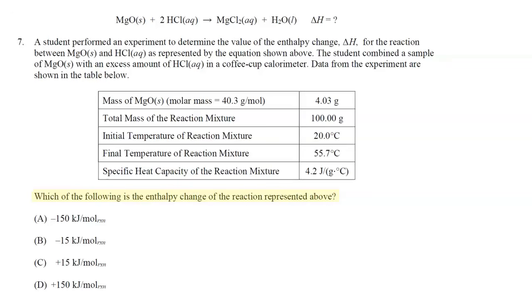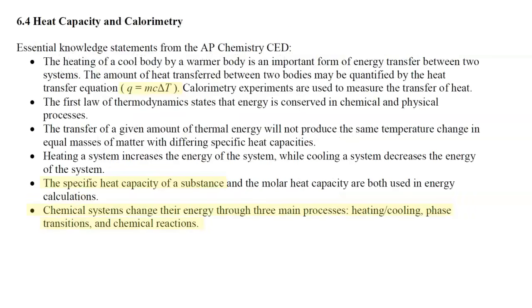So because this is a calorimetry experiment, this falls under topic 6.4, heat capacity and calorimetry. So we will need to use the equation Q equals mc delta T. We will also need to use the specific heat capacity, which they will give us for the reaction mixture.